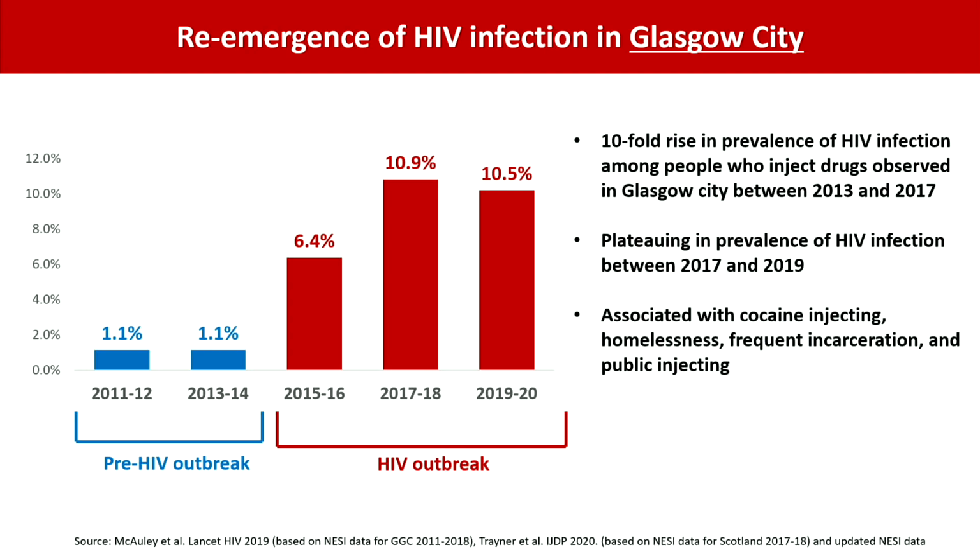So NESI really was valuable in understanding the extent of the rise of infection, looking at the factors that contributed and related to transmission of HIV, and also was able to look at intervention coverage and look particularly at the extent of testing in this population. That was a key thing that was scaled up along with treatment in the community in relation to the HIV outbreak.